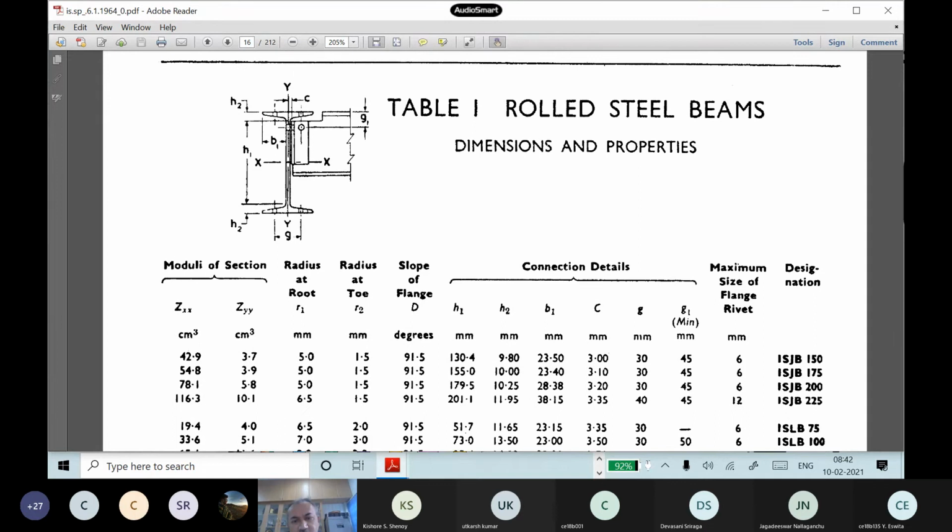That is the depth of the web. Tell me now. Sir, then what is this B1? H1, H2. This is H1, H2 is this one. See, B1 is for the connection details. You are able to see here B1. Yes, sir. B1 is for the connections. Oh, you mean to say why we have not used B1 instead of B, right?